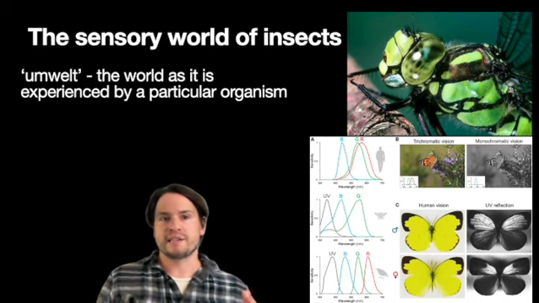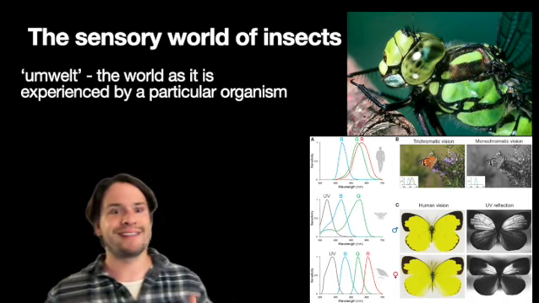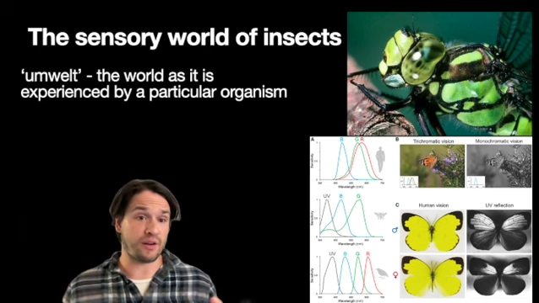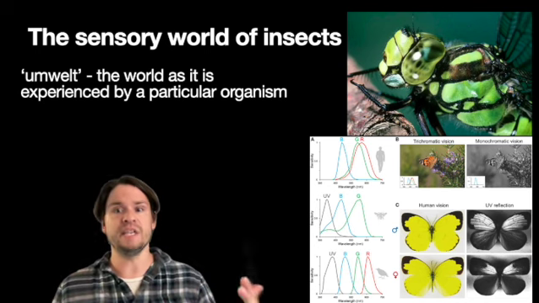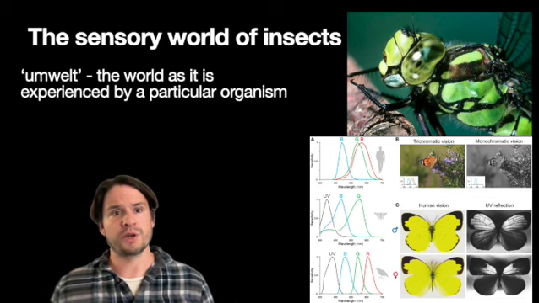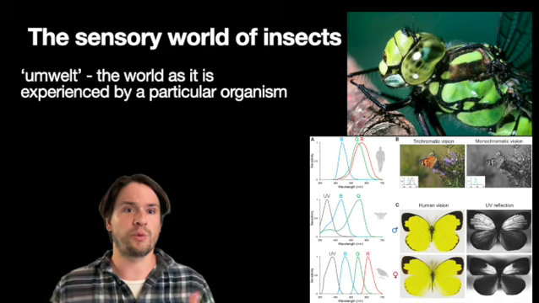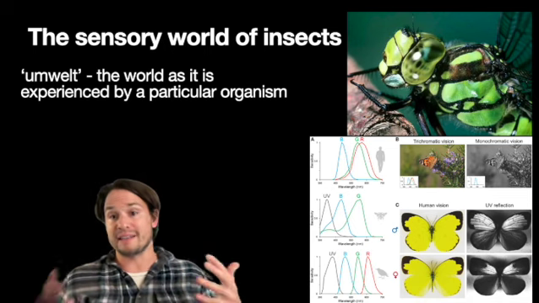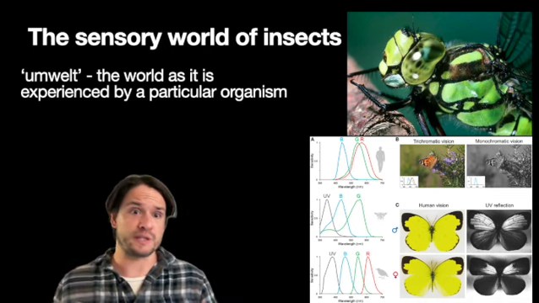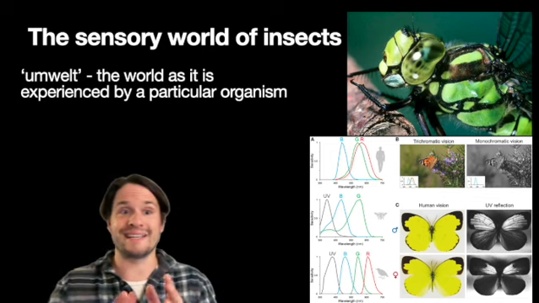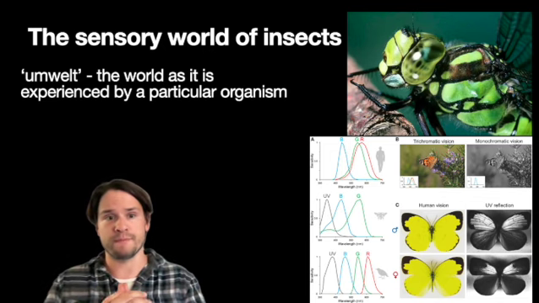One of the important concepts in this is recognizing that not all organisms, and not all insects, actually sense or see the world in the same way. A great word for this is Umwelt, a German word for describing basically the sensory world of organisms. One definition of this is the world as it is experienced by a particular organism.